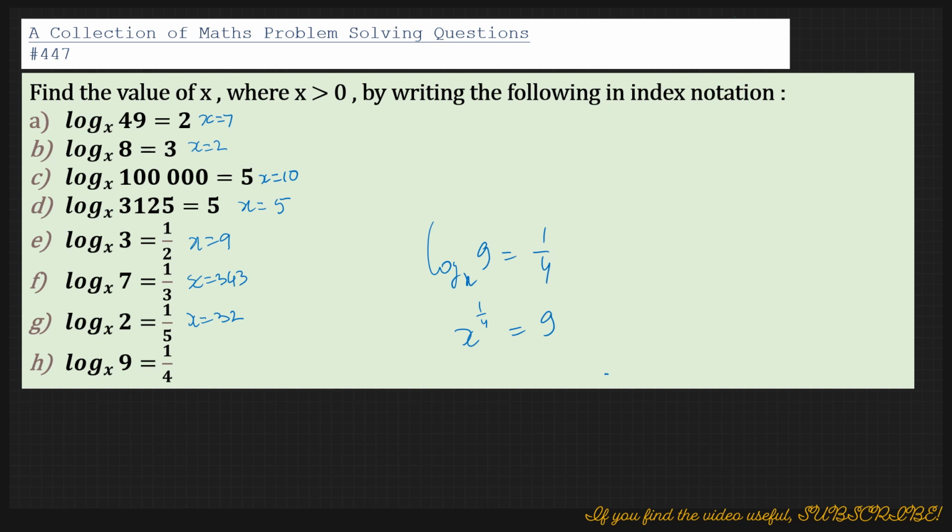So if you do x to the power 1 out of 4 to the power 4 equals 9 to the power 4, then x would be equal to 9 to the power 4, and 9 to the power 4 is 9 times 9 is 81 multiplied by 81, and that is 6561. So we get x is 6561, and that's all done.